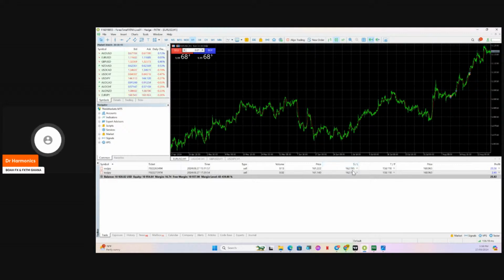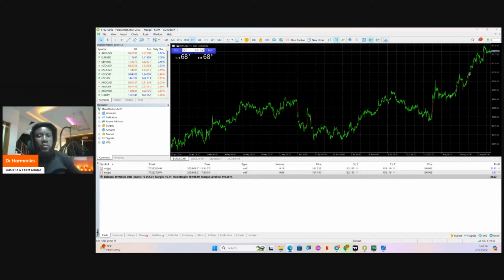I sold Euro JPY on this account, and I'm targeting a lot of pips with Euro JPY. So I took a sell on Euro JPY, calculated my 1% risk, got my lot size, and I'm good to go.